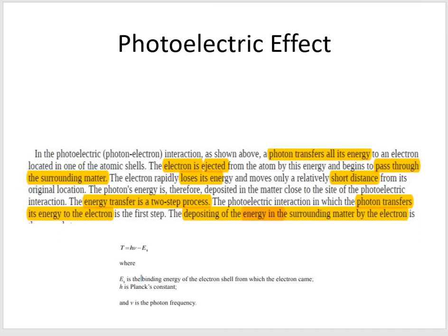So the electron that is leaving the atom has a kinetic energy equivalent to hv, where h is Planck's constant and v is the frequency of the photon, minus the binding energy of the electron shell from where the electron comes from.